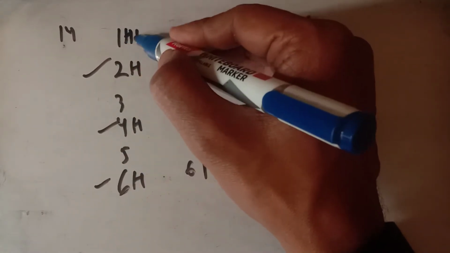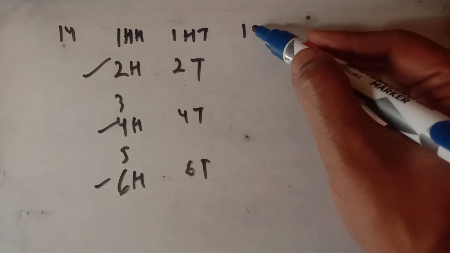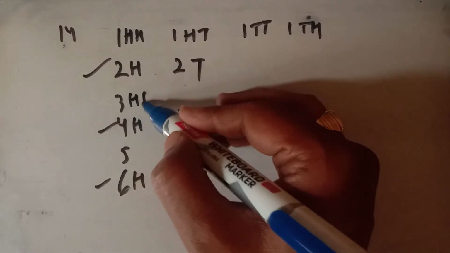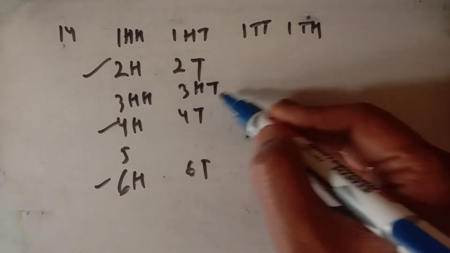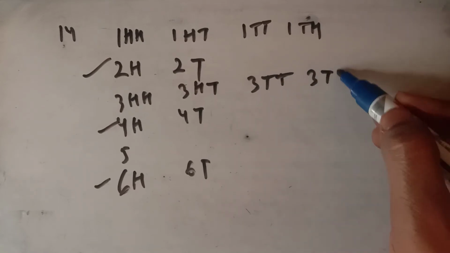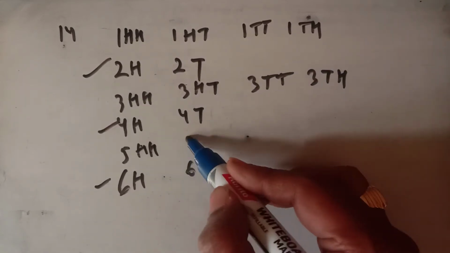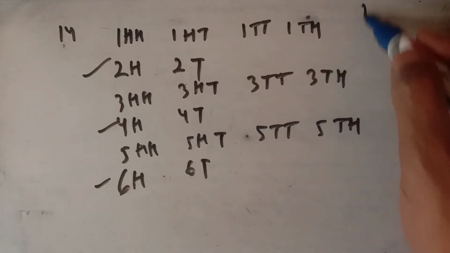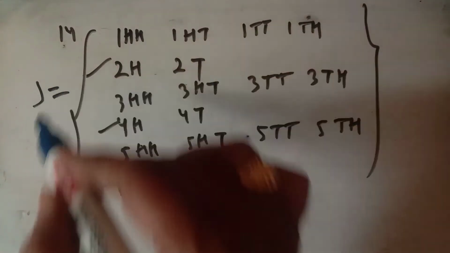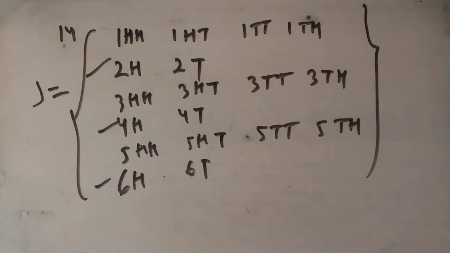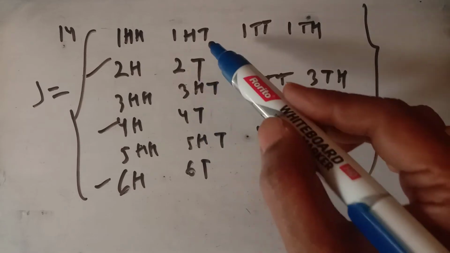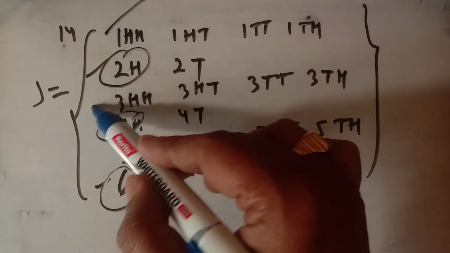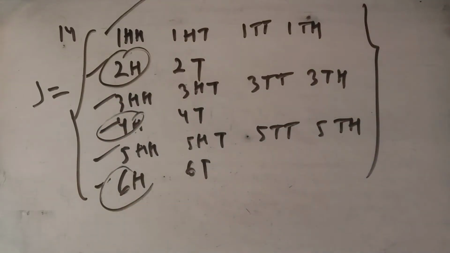So it can be 1 head head, 1 head tail, 1 tail tail, 1 tail head. So here 3 head head, 3 head tail, 3 tail tail, 3 tail head, 5 head head, 5 head tail, 5 tail tail, 5 tail head. So these are the possibilities or the sample space when a die is thrown. If we get an even number, we throw a coin only once, and when we get an odd number, we throw the coin 2 times. So this is the sample space.